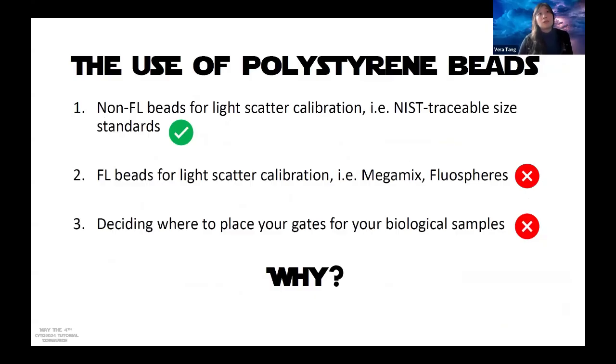But in the case where you're utilizing them as we are here for scatter calibration, they are actually a really great tool, especially the ones featured here. Thermo Fisher sells them. They're NIST traceable sizing standards. And we do take into account in that calibration with the software the refractive index of the polystyrene, so that we can utilize that to calibrate your EVs. So that is a good use of polystyrene beads.